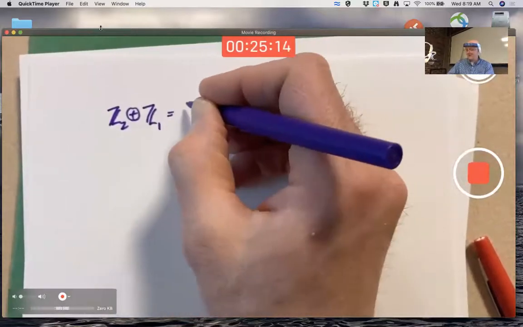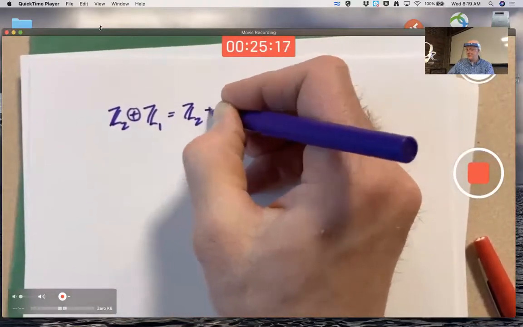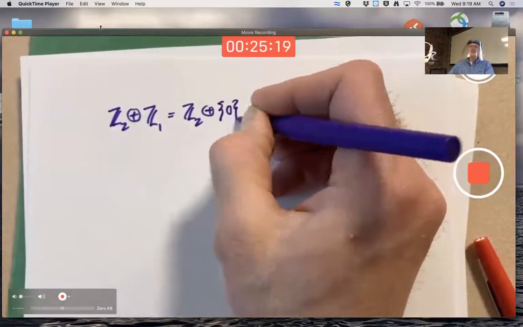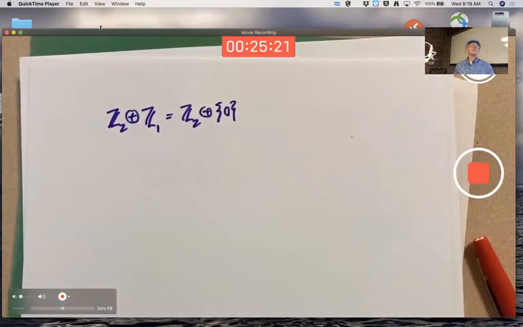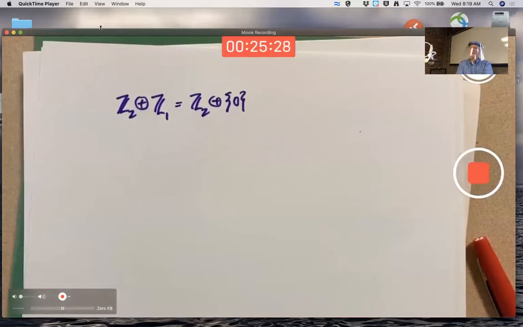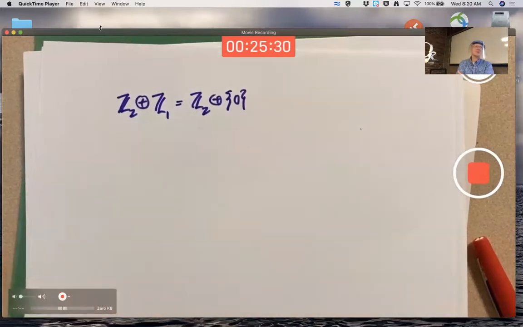Or if you prefer, the external direct product of Z2 with a trivial group with one element, call it 0. I'm calling it 0 since the operation in Z1 would be addition. I could call it E if I thought of the operation as multiplication.